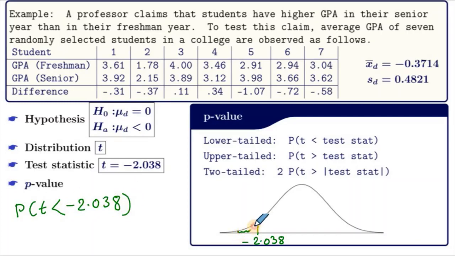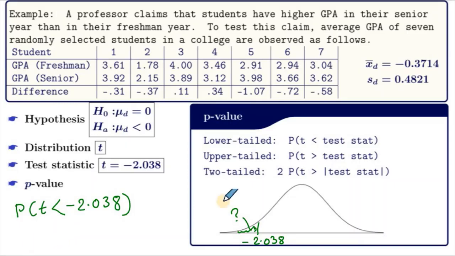And we are supposed to find this area. For this, we can use T-table, Excel, or calculator. Let's use a TI calculator for now. For other methods of finding it, please look at my other videos.